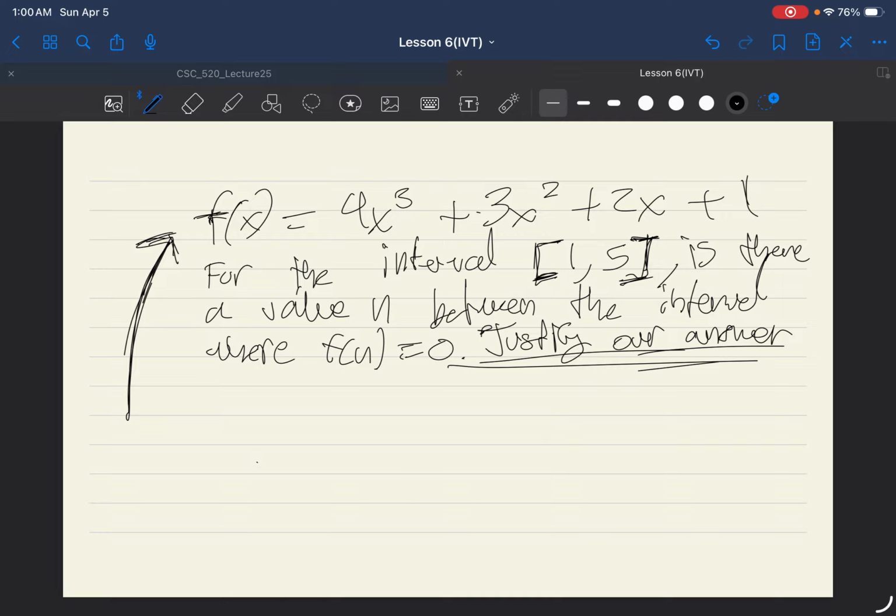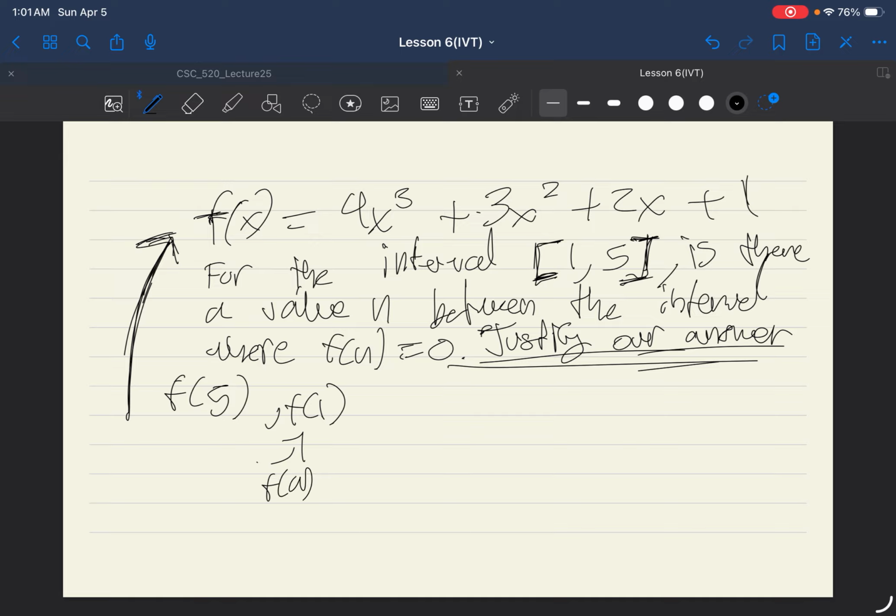So basically, what we have to do is take the value of f of 5 and the value of f of 1. And again, since it's a polynomial, we know it's continuous, right? For all intents and purposes, this means that our values of a and b are 1 and 5.